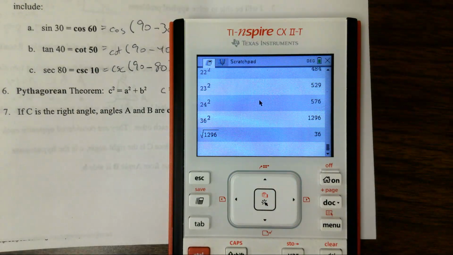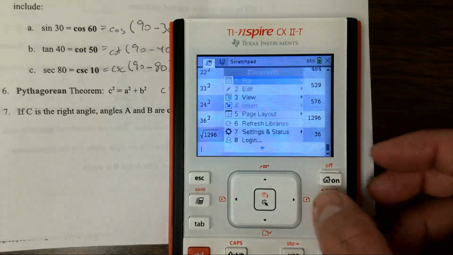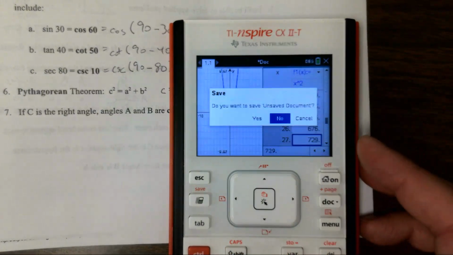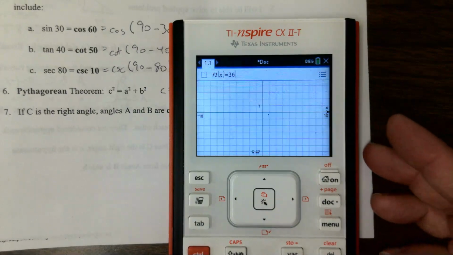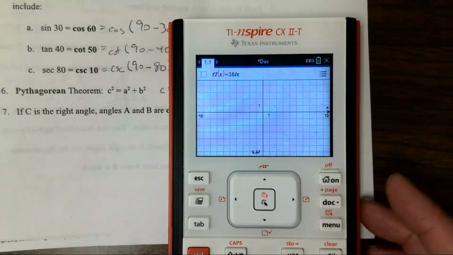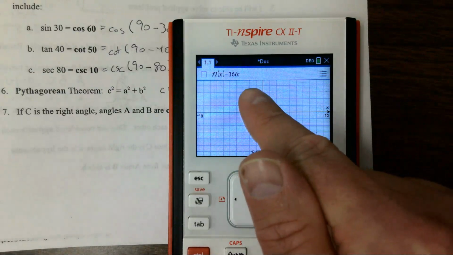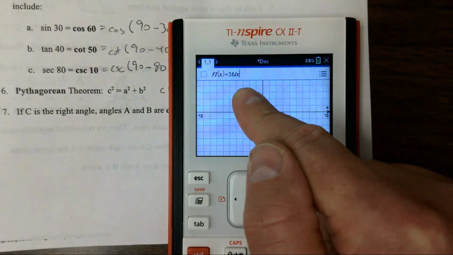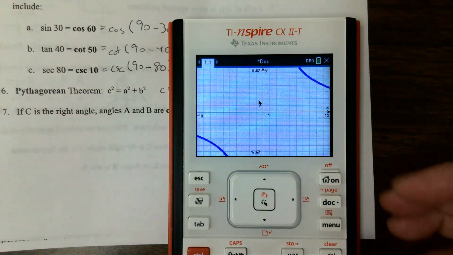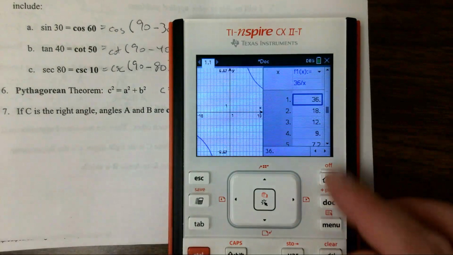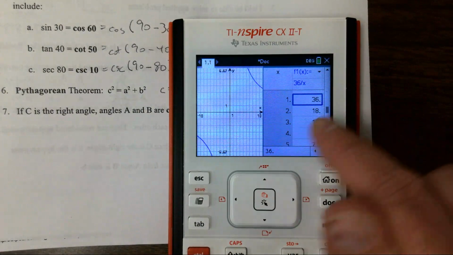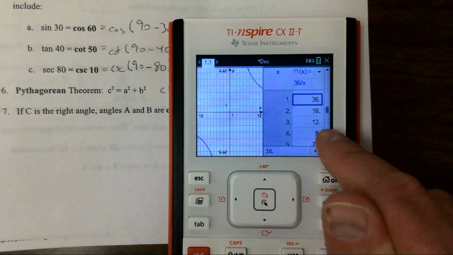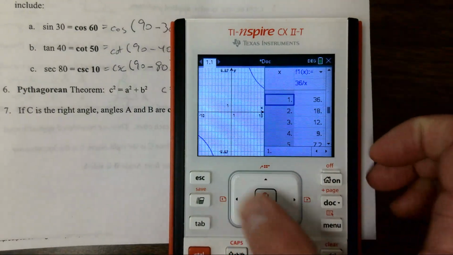The other thing is sometimes you might want to do something like 36 divided by x. I know it's a rational function, but I'm not using it in that respect. What I'm doing is I'm saying in my table, how do you get 36? You go 1 times 36, 2 times 18, 3 times 12, 4 times 9.